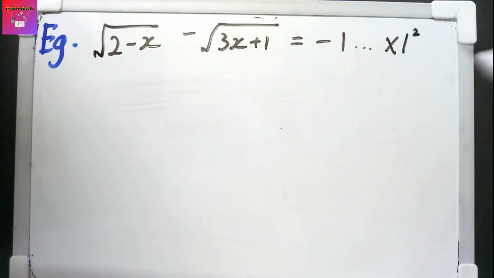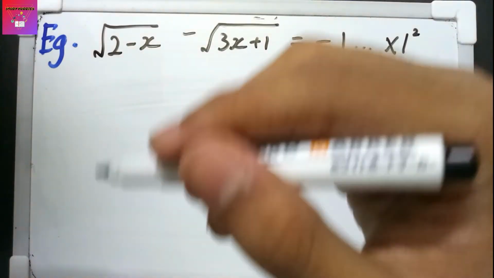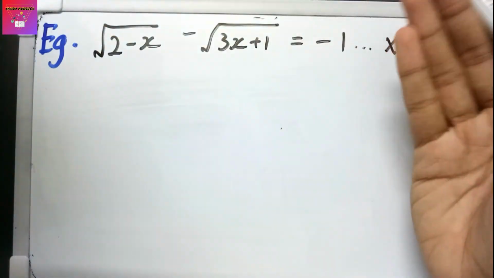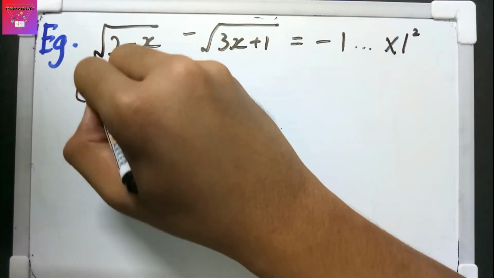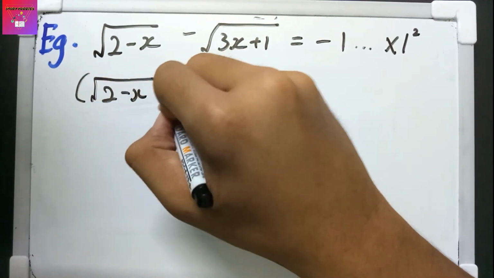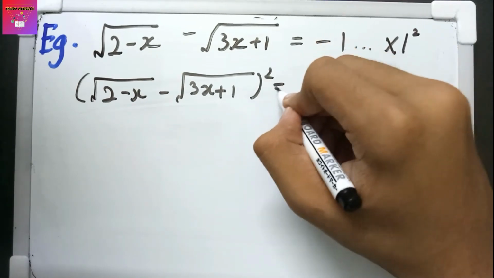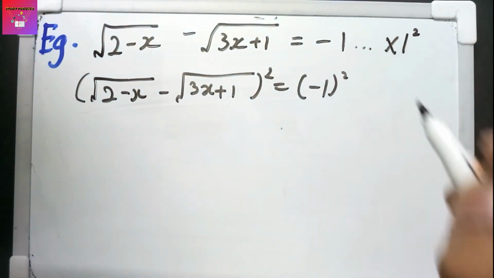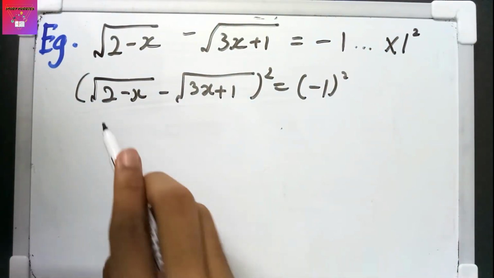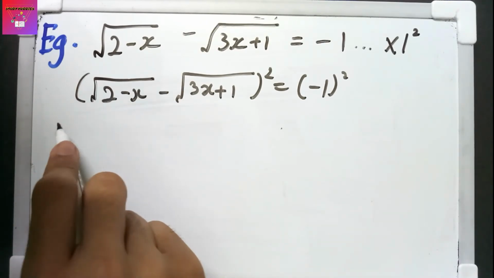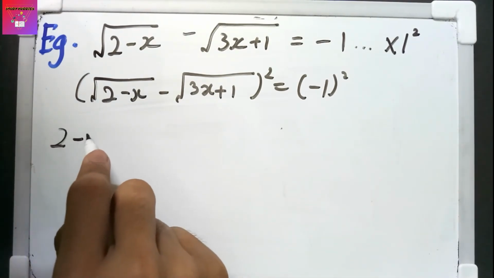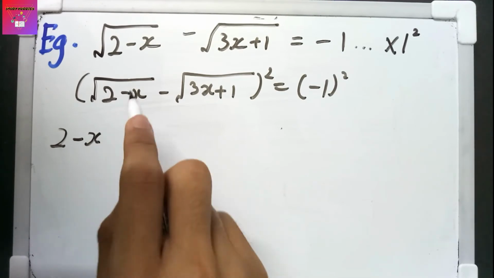So let's square this whole equation, both sides, left hand side and also the right hand side. So it's surd 2 minus x minus surd 3x plus 1 squared equals negative 1 squared, which brings us to an answer. Surd 2 minus x squared is just going to give 2 minus x.